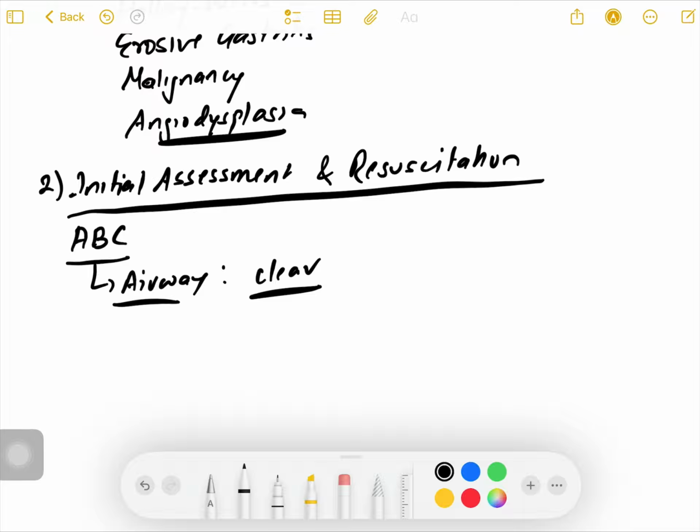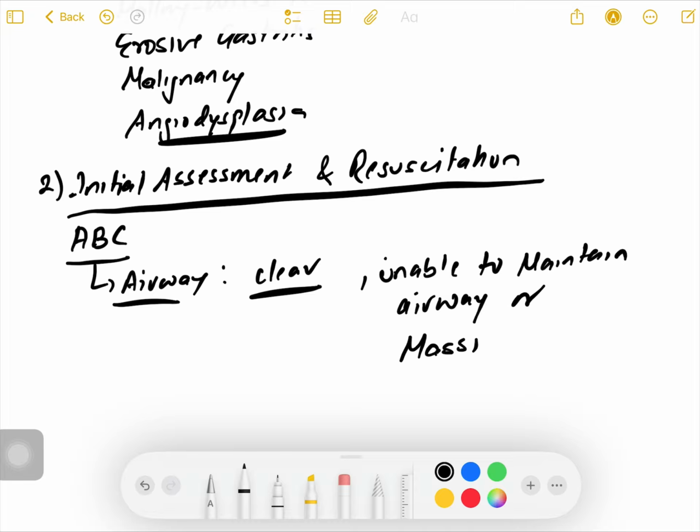And if they are unable to maintain the airway, or there is massive hematemesis, then we might need to intubate the patient.